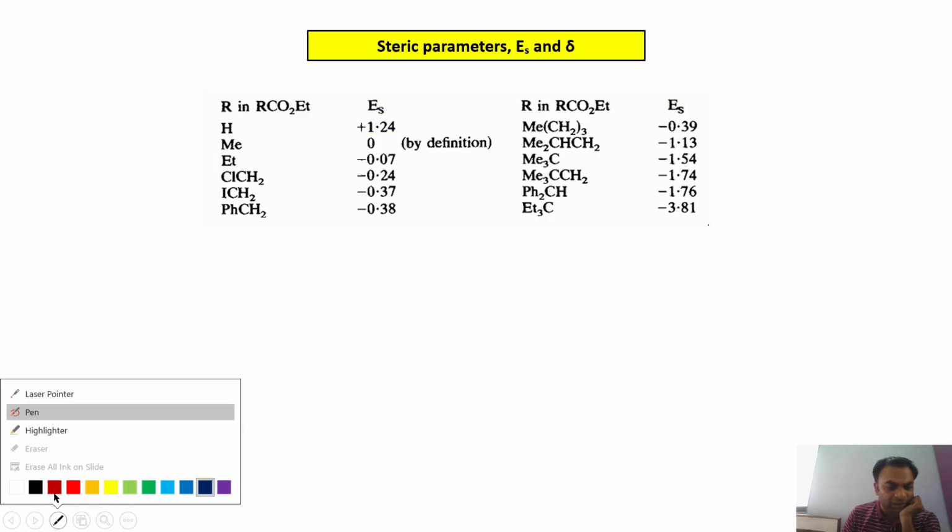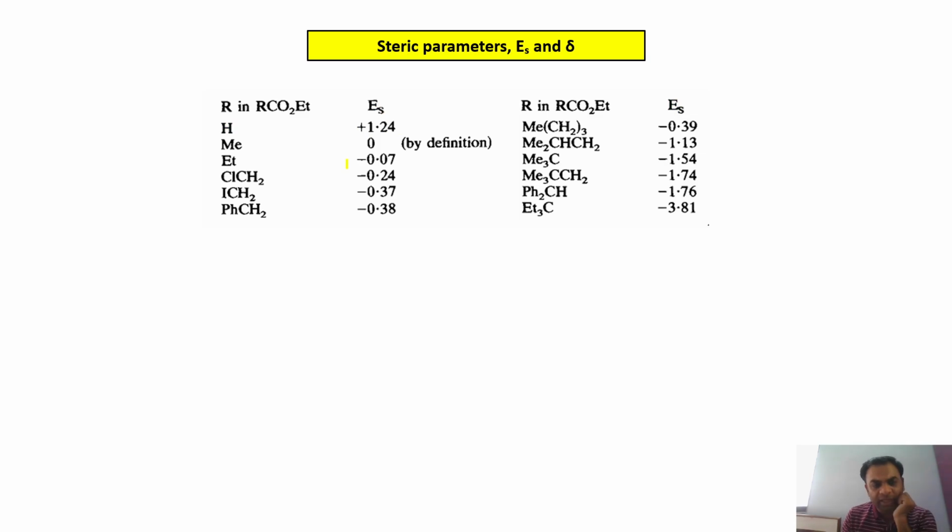As the steric crowding increases, the value of ES becomes more negative. Here, the negative sign indicates a decrease in the rate of reaction. The rate of reaction decreases, and therefore it is shown by the minus sign.